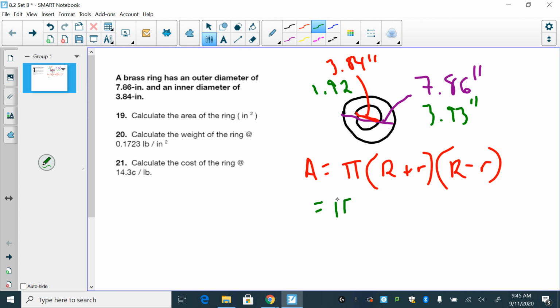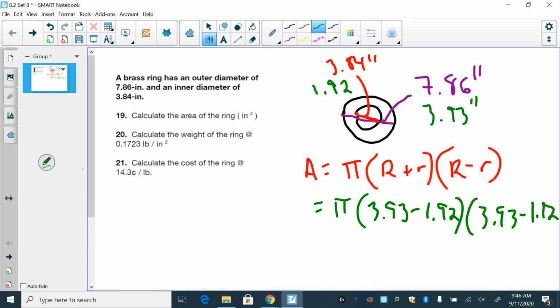So it's pi multiplied with the bigger radius, or the outer radius, 3.93, minus the smaller one, 1.92. What I like to do is the subtraction and adding first inside the brackets.